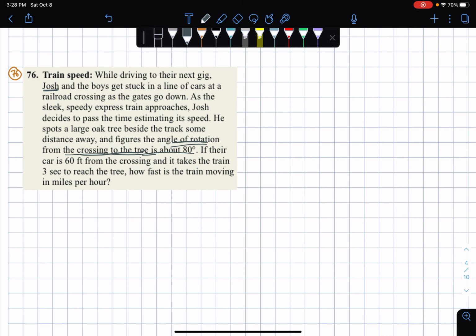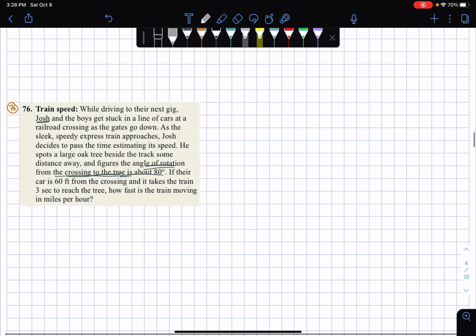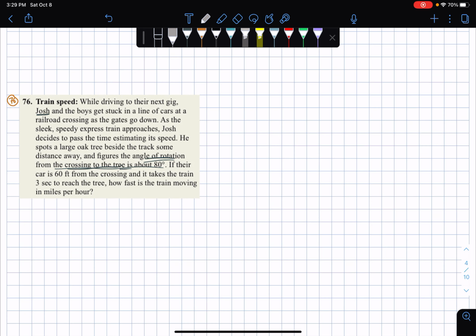The scene, the situation. So, while driving to the next gig, Josh and the boys get stuck in a line of cars at a railroad crossing as the gates go down. I could already say that the illustration for this word problem could actually vary, but as long as the important details are situated where they're supposed to be, I don't see anything wrong with varying illustrations, as long as they present the same correct solution.